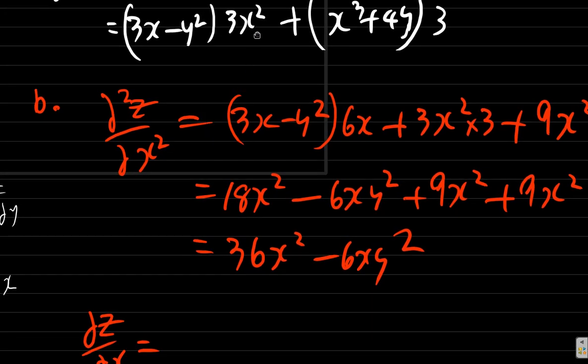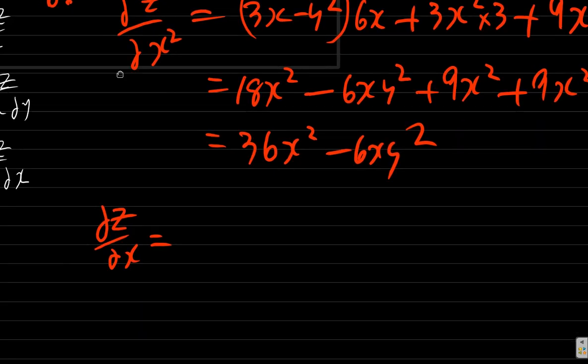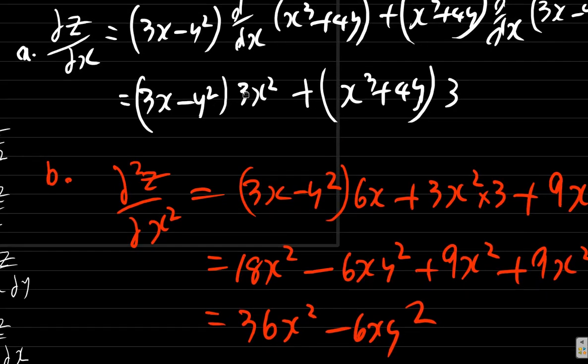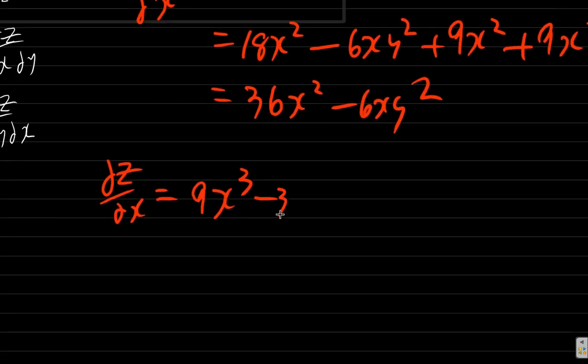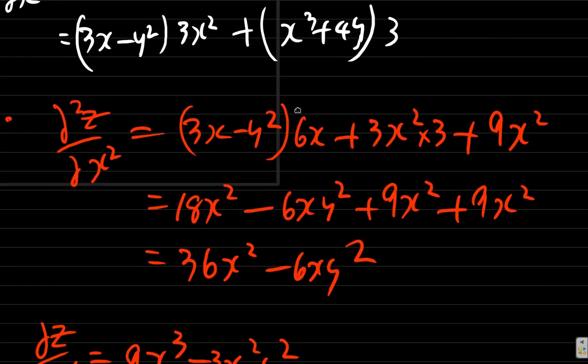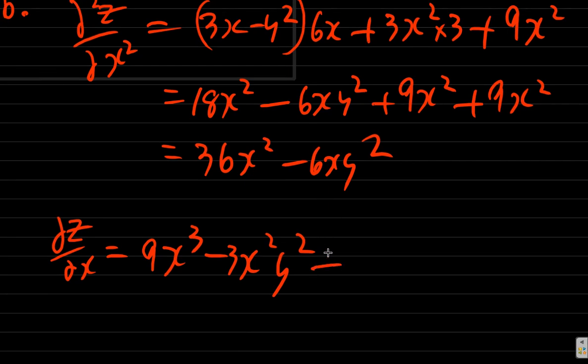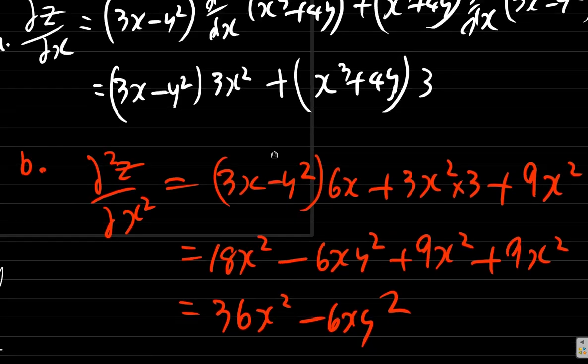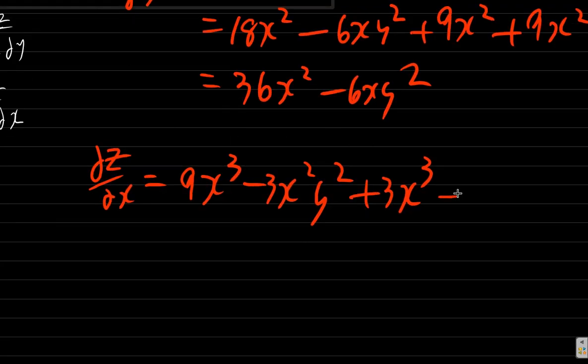It would be 3 by 3, 9x cubed, minus 3x squared y squared, and then multiply out this, plus 3x cubed, then 3 4s 12y, plus 12y, and then after that you find delta squared z by delta x squared. We differentiate this.